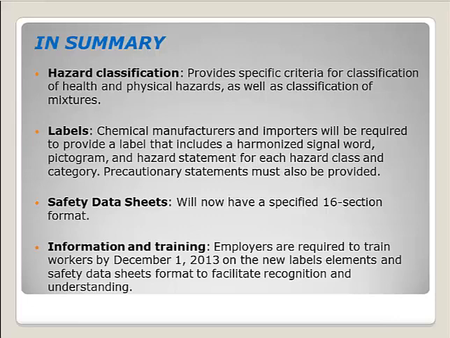And the big one there, information and training. Employers are required to train all workers by December 1st, 2013 on the new label elements and safety data sheet format to facilitate recognition and understanding. Again, the changes with the new revised hazard communication standard talk to the right not just to be aware of, but to actually know what your hazards are.